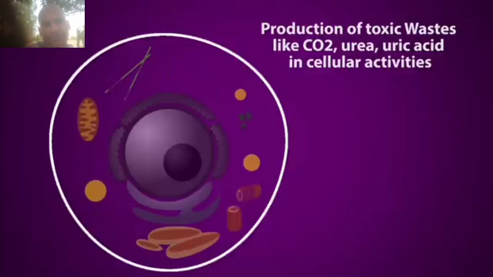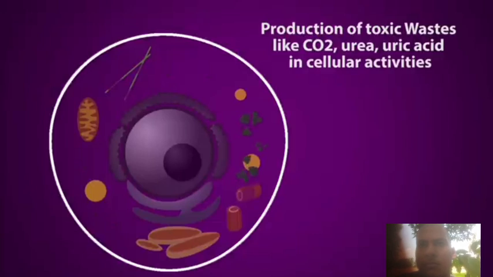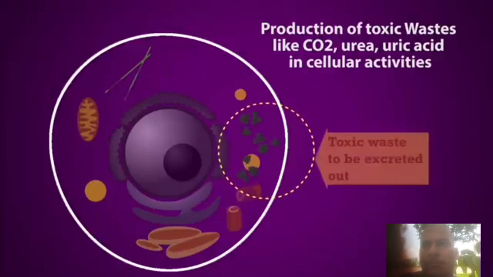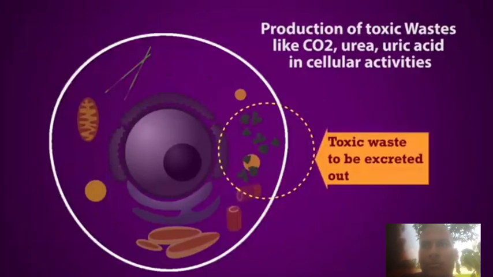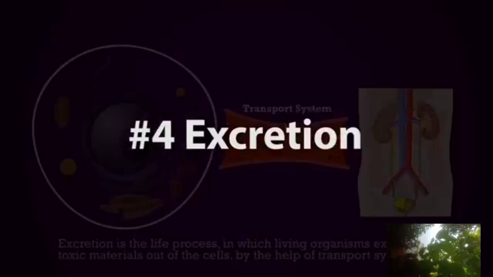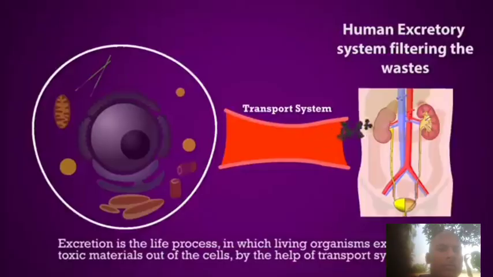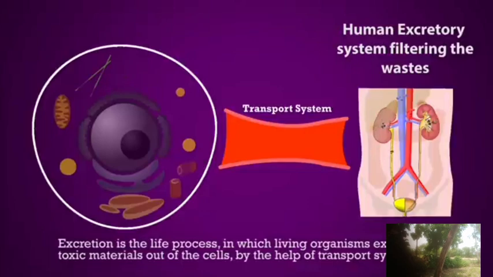In these cellular reactions, toxic materials like carbon dioxide and urea are produced. These toxic materials are to be sent out of the body. Then, who does this job? Excretion. Excretion is another important life process in which toxic wastes produced in our body are sent out.